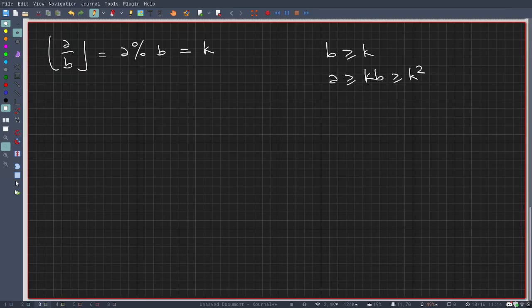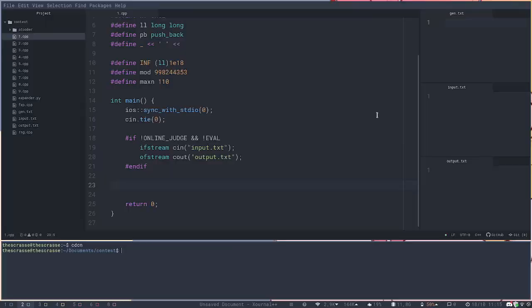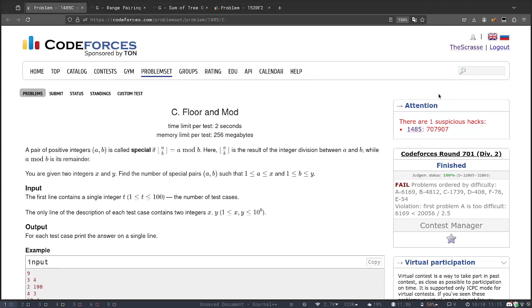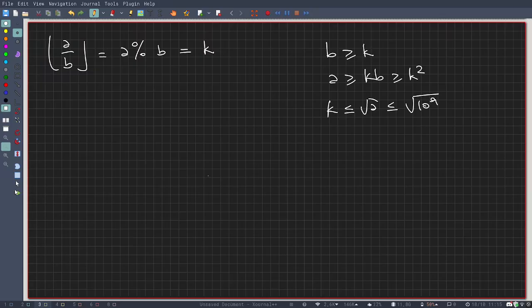So we have a up to 10 to the 9th, which is greater than k squared, so k actually must be quite small. We have k less than or equal to square root of a, which is square root of 10 to the 9th. So we should try to iterate over k instead of iterating over a or b or something.